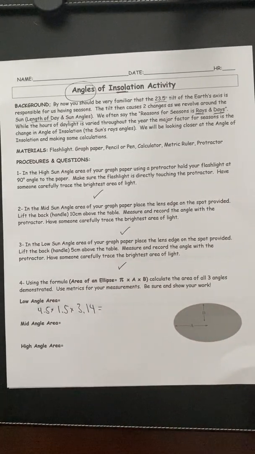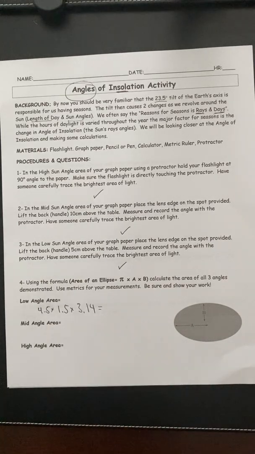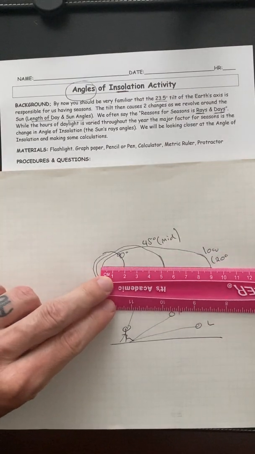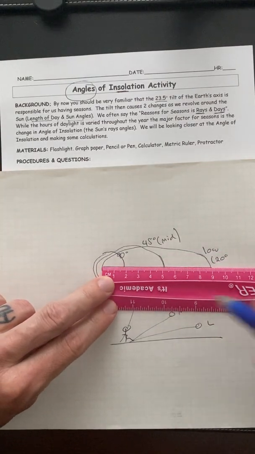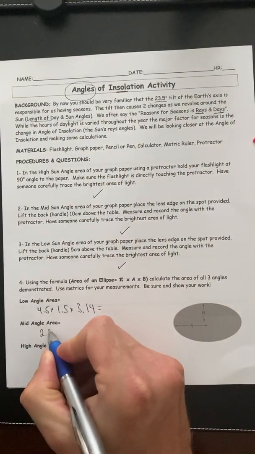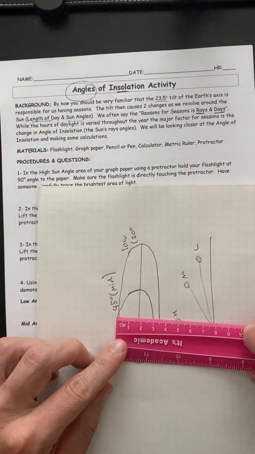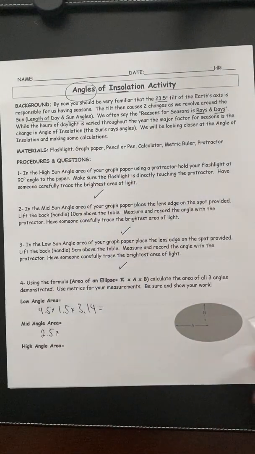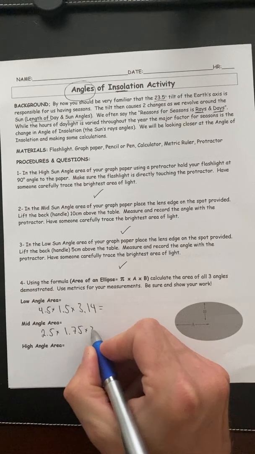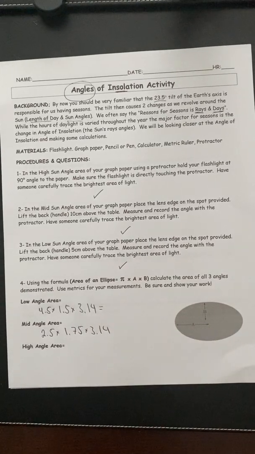I'm going to do all my calculations at once. So the mid one, I've got to get A and B. In my mid one, it looks like I'm about 5 centimeters. So half of that would be 2.5 times, I'm going to call that 1.75, 1.75 times 3.14 pi.